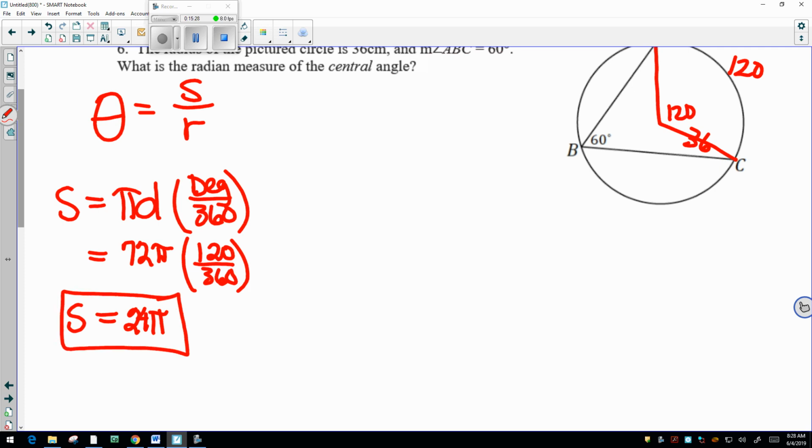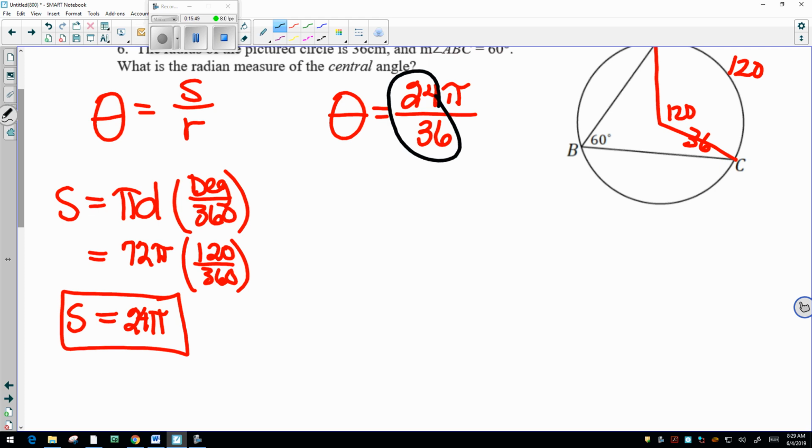Okay, so let's go to this formula. So we're looking for theta, but in terms of a radian measure. So theta is S over R, so our arc length, 24 pi, divided by our radius of 36. Okay, so in your calculator, I would, again, type in that fraction, 24 divided by 36, and do menu 2 to reduce it. And what you're going to see is you're going to get 2/3. So it's going to show up like 2/3 pi. Now, normally you won't see it written this way.